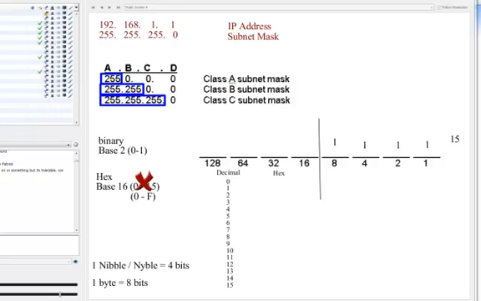A 0 in decimal is a 0 in hex. The whole purpose of hex is to represent the value in a single digit. So we're good up until 9: 0, 1, 2, 3, 4, 5, 6, 7, 8, 9. So far we're good.